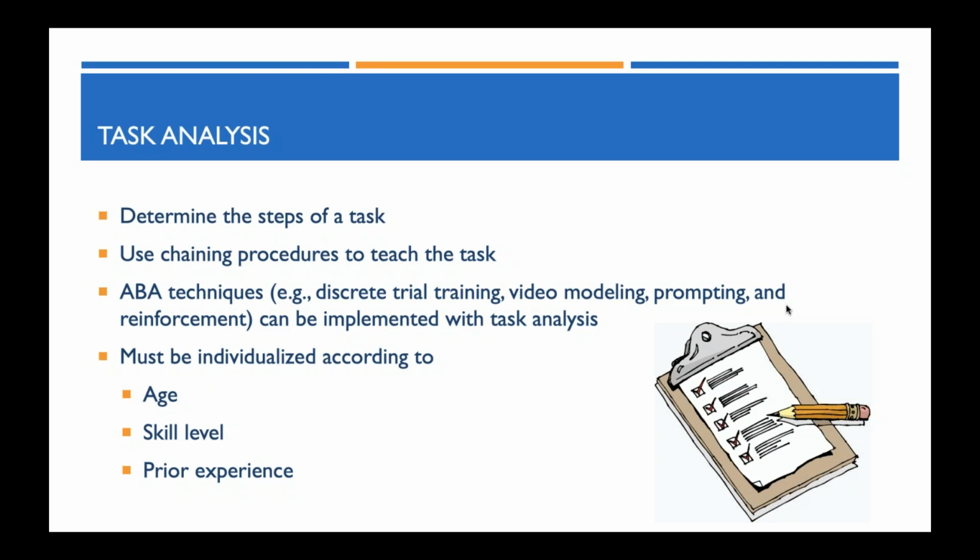And then ABA techniques such as discrete trial training, video modeling, prompting, and reinforcement can be implemented with the task analysis as well. We're going to get into all that stuff later. So again, task analysis must be individualized according to the learner's age, their skill level, and prior experience to the tasks.